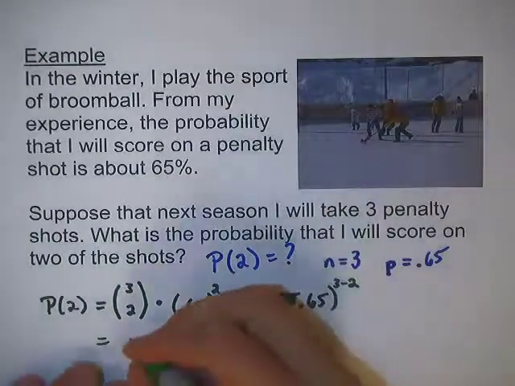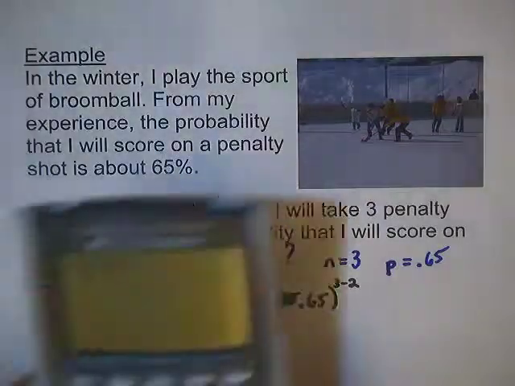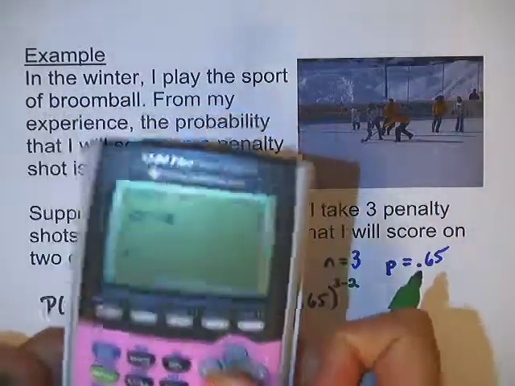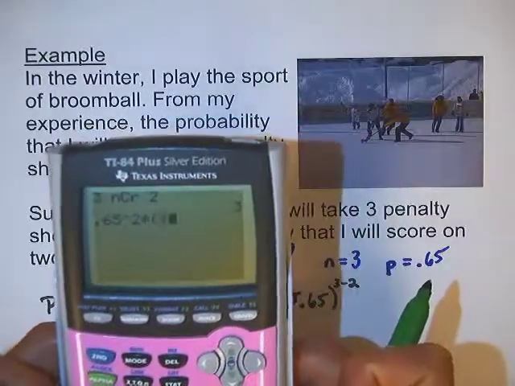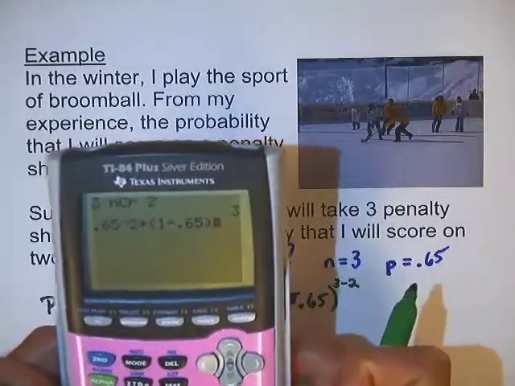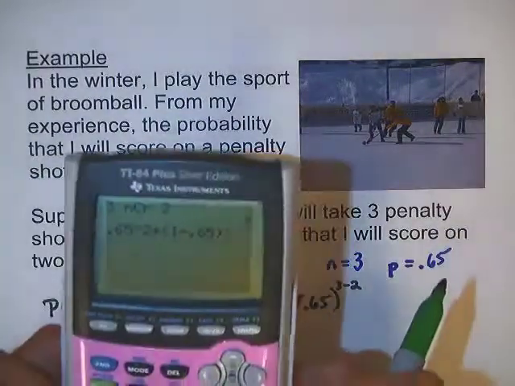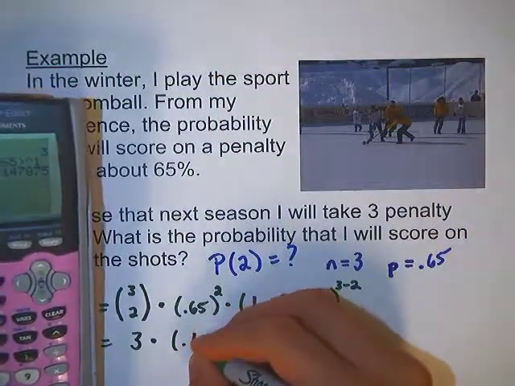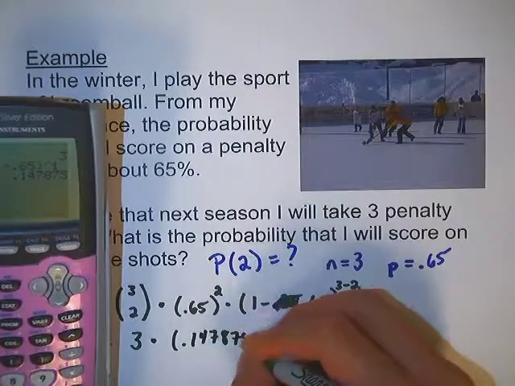So that's going to equal 3 times 0.65 squared, 0.65 to the second power, times 1 minus 0.65 to the power of, now 3 minus 2 is going to equal 1. So I'm going to do that to the power of 1 there. That's going to be 0.147875.